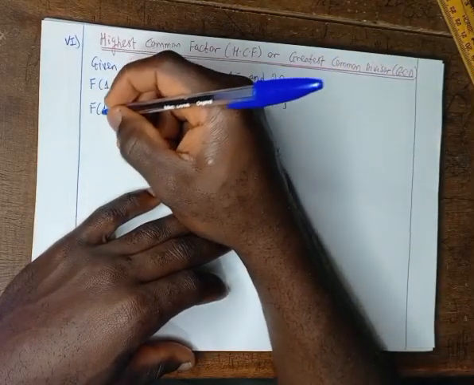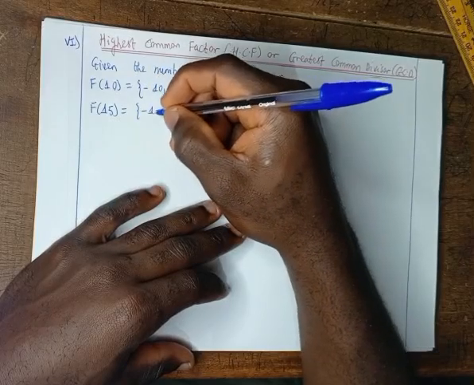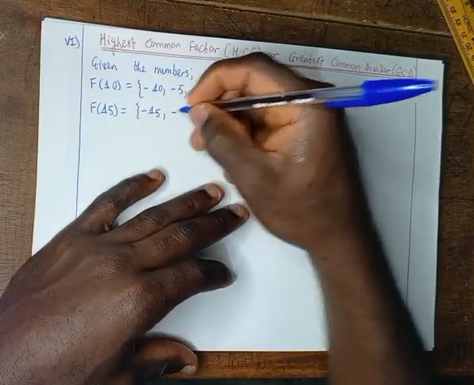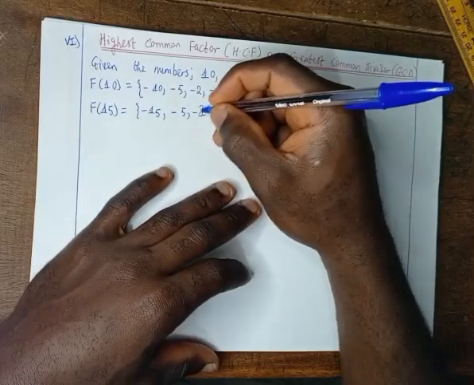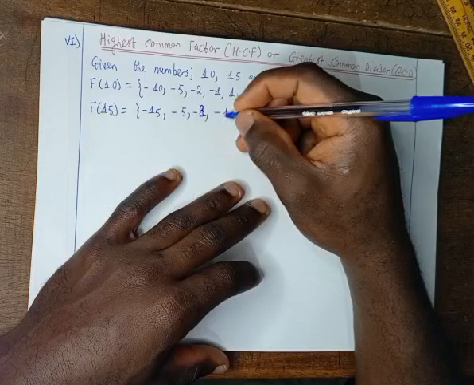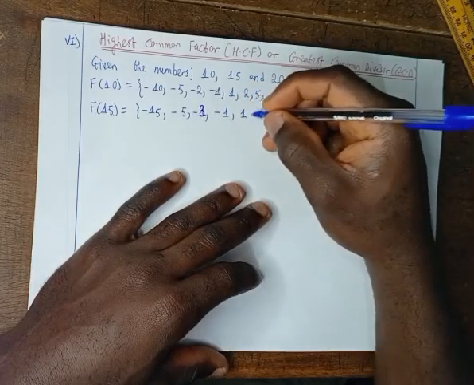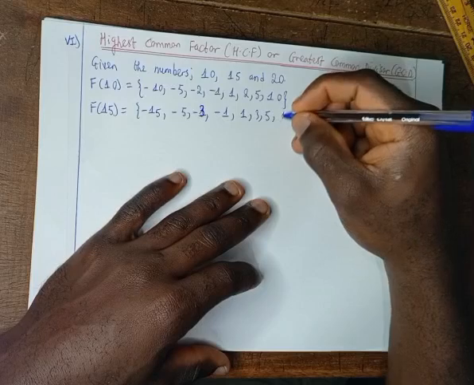To write out the factors of 15, we have negative 15, negative 5, negative 3, negative 1, 1, 3, 5, and lastly 15.